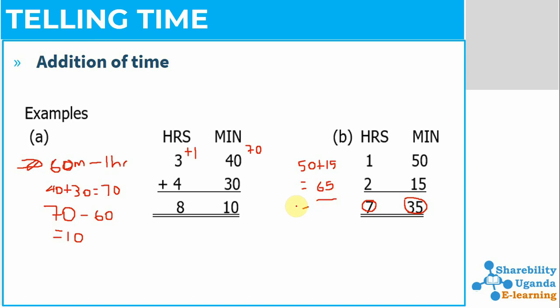Because when you say 65 minus 60, which is equal to 1 hour, we take the 65 minutes, which is the total minutes, minus the 60.